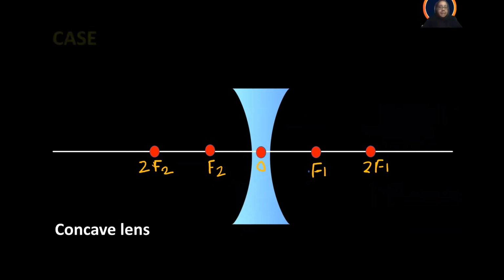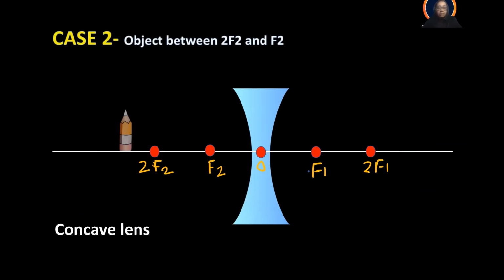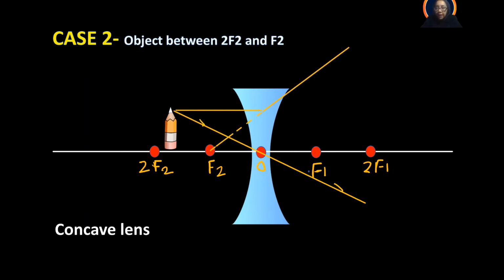Now let's consider the second case. Let's drag our object nearer to the lens, just like what we did for the convex lens previously. Here for the concave lens, the rays travel as we have selected by the first two rules. We see that at almost the same position, the refracted rays meet.